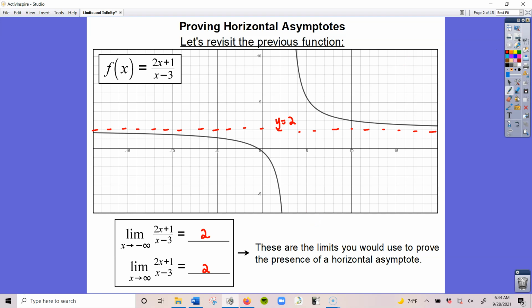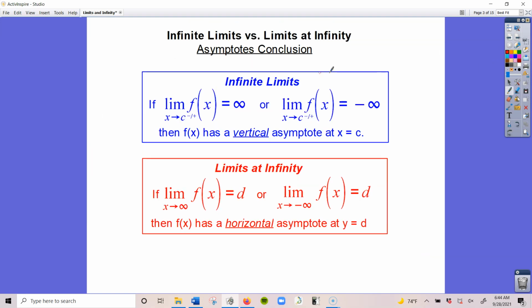So to put this together, we have infinite limits and limits at infinity, which can be confusing with their names, but basically an infinite limit is when your one-sided limits are going to equal some sort of infinity. And if that's the case, then that means that we have a vertical asymptote where x is approaching that number.